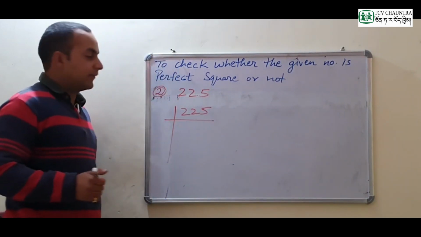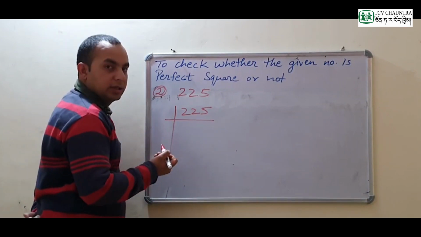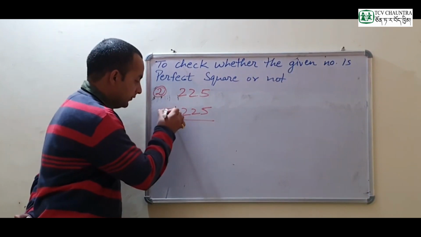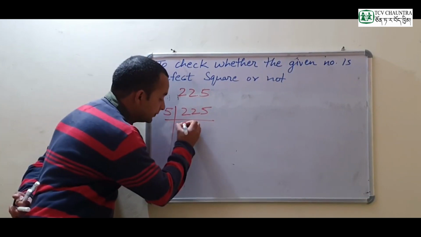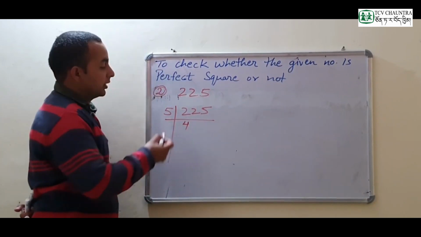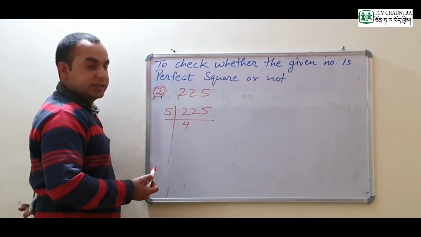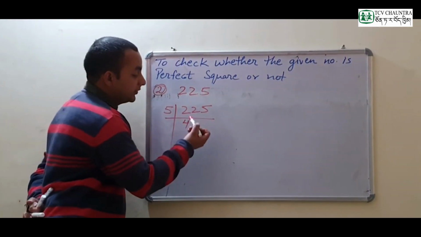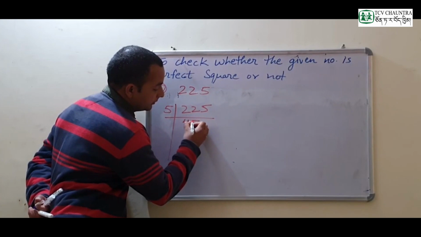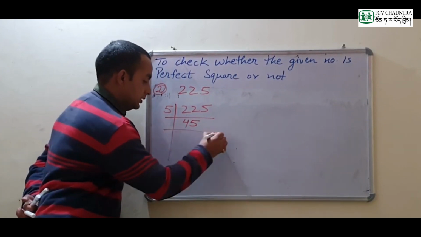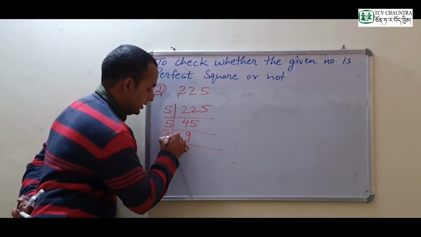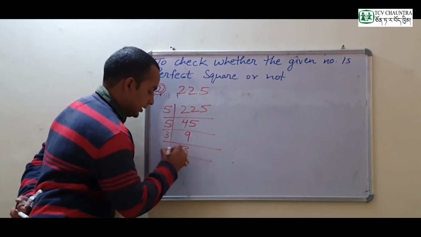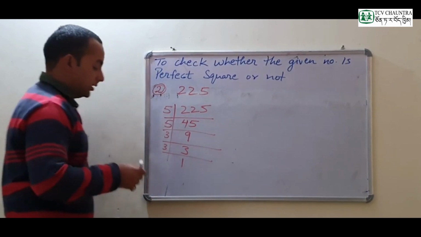The unit place is 5. So we directly solve it with the help of prime factor 5. 5 4s are 20, left 5. So 5 5s are 25. Next number, 5 9s are 45. 3 3s are 9 and 3 1s are 3.